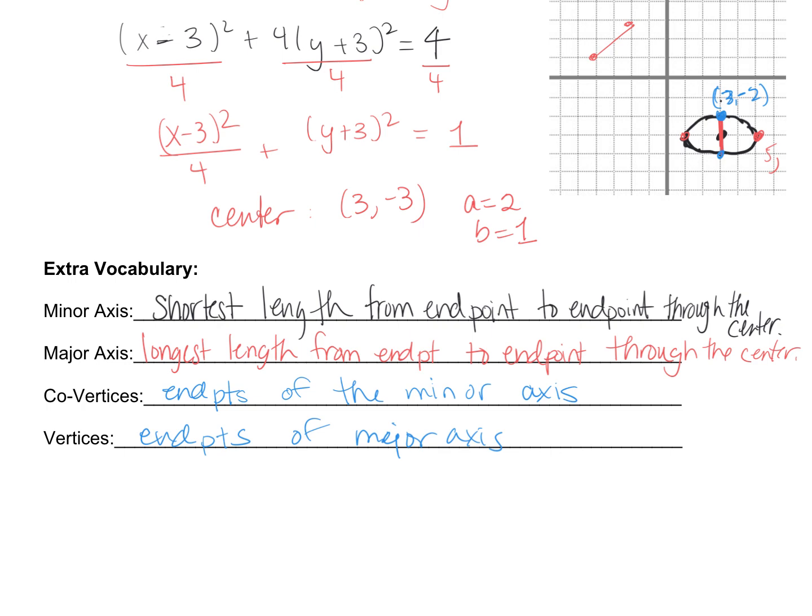That one was 5, what? Went down to 1, 2, 3. So this right here is a vertex on there, okay? Any questions on that? Again, vocabulary, you've got to know the vocabulary because we're going to be using it, so make sure you know it, okay?